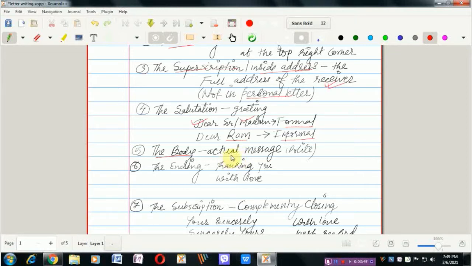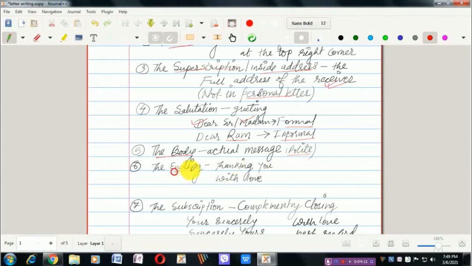In formal and informal letters we can divide our body into 3 or 4 paragraphs, and we have to use simple and polite language. Especially in a formal letter we have to use polite language. We should not use vague or complex language.